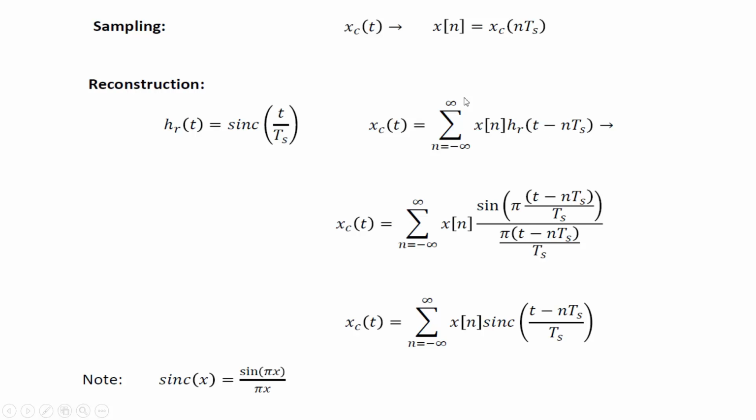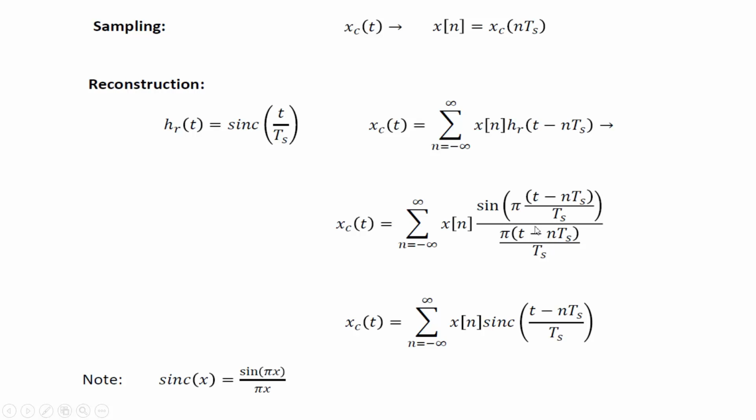Now, this impulse response is basically the sinc function, which can be written like this. And this is expressed in terms of sine pi x by pi x, which is sinc of x. If you compare this formula with this expression, you will see that this is sine of pi and this factor, divided by pi and the same factor.